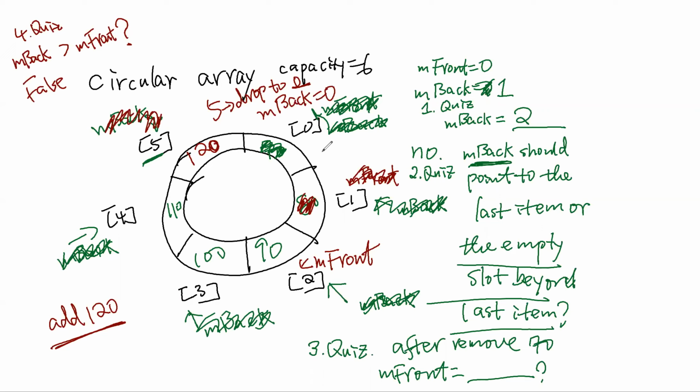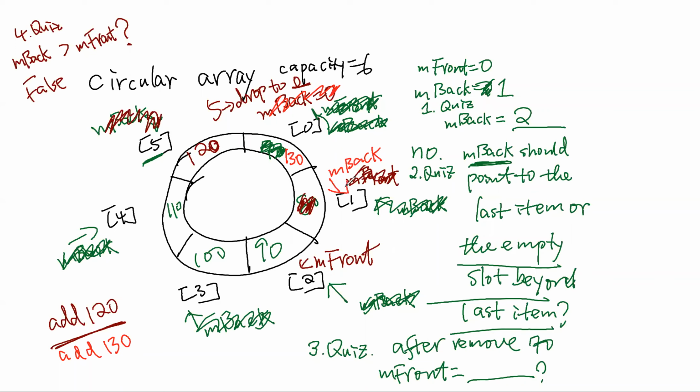Okay, can I add more? It's kind of messy. Okay, suppose I want to add 130. Where do I add? To 0. Yes, very good. Then you update M back to what? M back to 1.